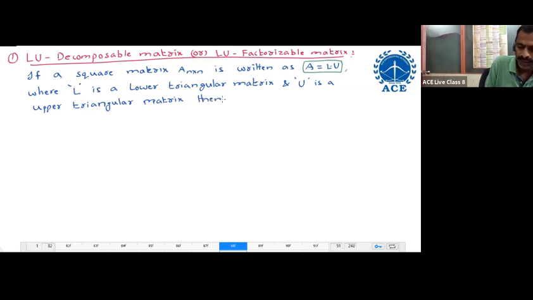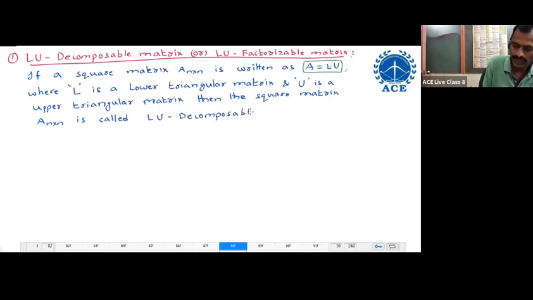then the square matrix A, n cross n, is called an LU decomposable matrix.